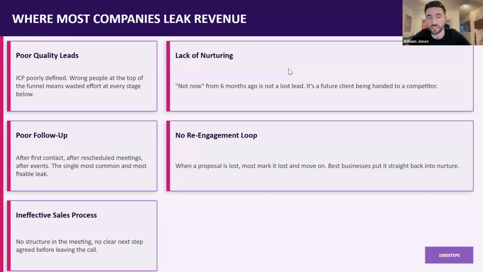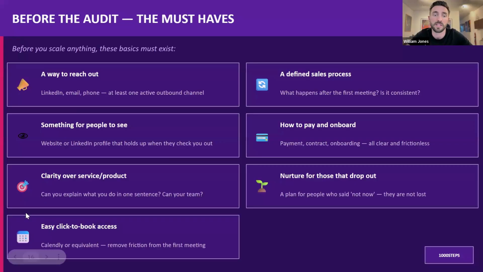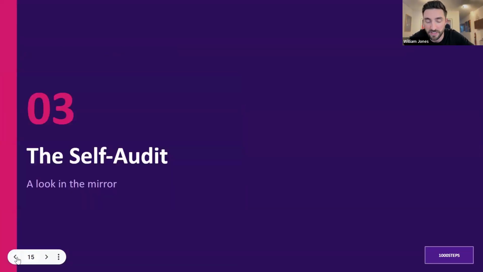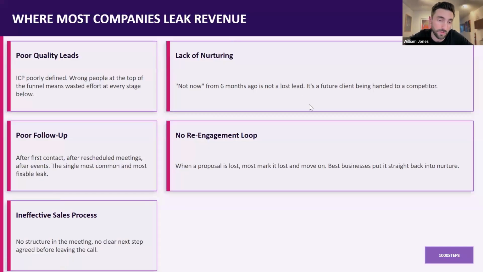That is a form of leakage and something that can be patched up, right? There's also poor follow-ups and poor lead quality. That's a form of leakage that you'd expect. I mean, it's good that they're leaking out of your system, but it was also a waste of effort if the lead quality is poor, right? And then the ineffective sales process we've spoken about.